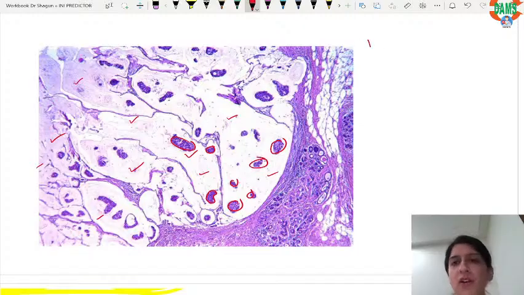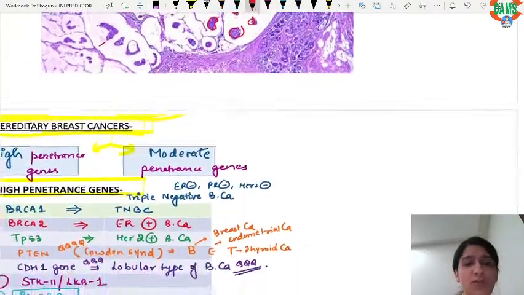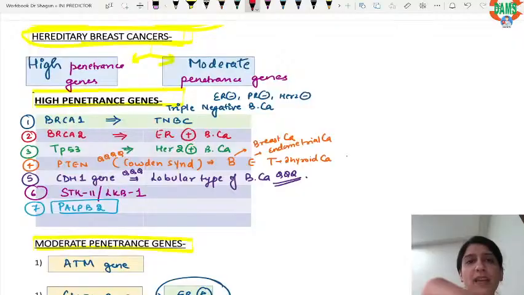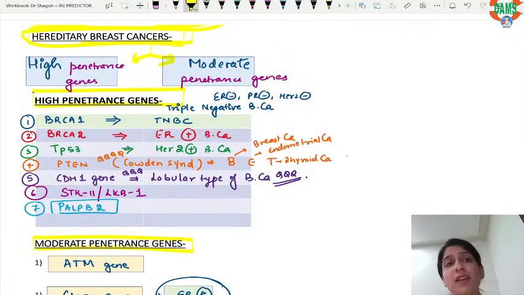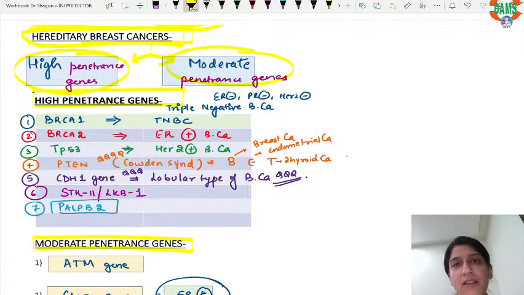So this is how a mucinous breast carcinoma looks on microscopy. In case you see this image, this is clear-cut mucinous breast carcinoma. I just wanted all of you to remember. Now these are screenshots from my lecture only, because I want to tell you important questions here. For hereditary breast carcinomas, we have some high penetrance gene mutations and moderate penetrance gene mutations.